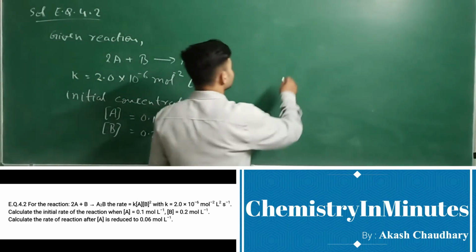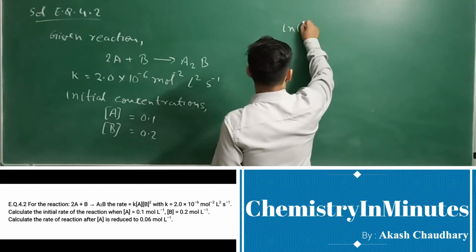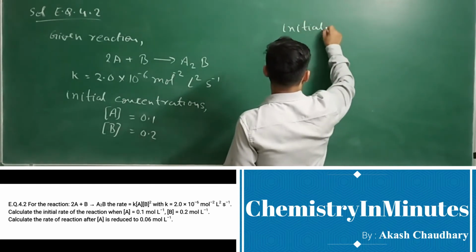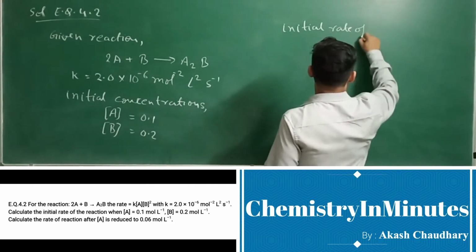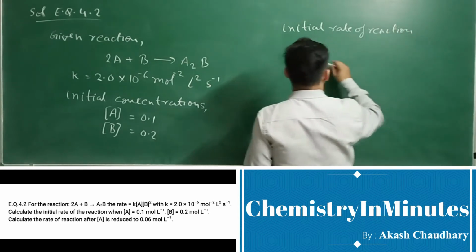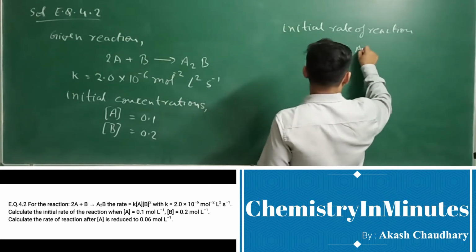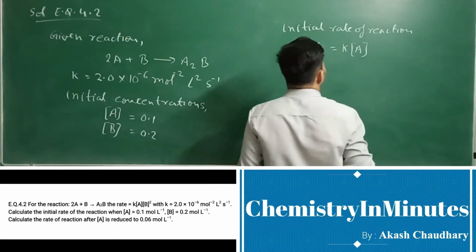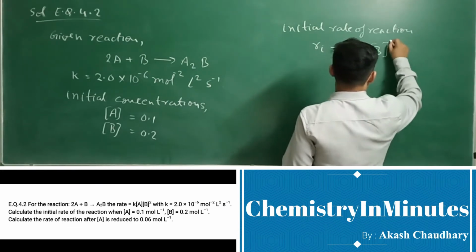Now initial rate of reaction, Ri equal to K, concentration of A, concentration of B square.